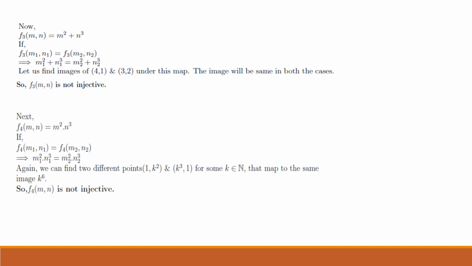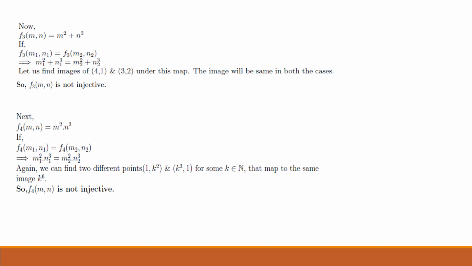Our next function, that is f4(m, n), that is m square into n cube. So again consider the definition: f4(m1, n1) equal to f4(m2, n2) implies m1 square into n1 cube equal to m2 square into n2 cube.